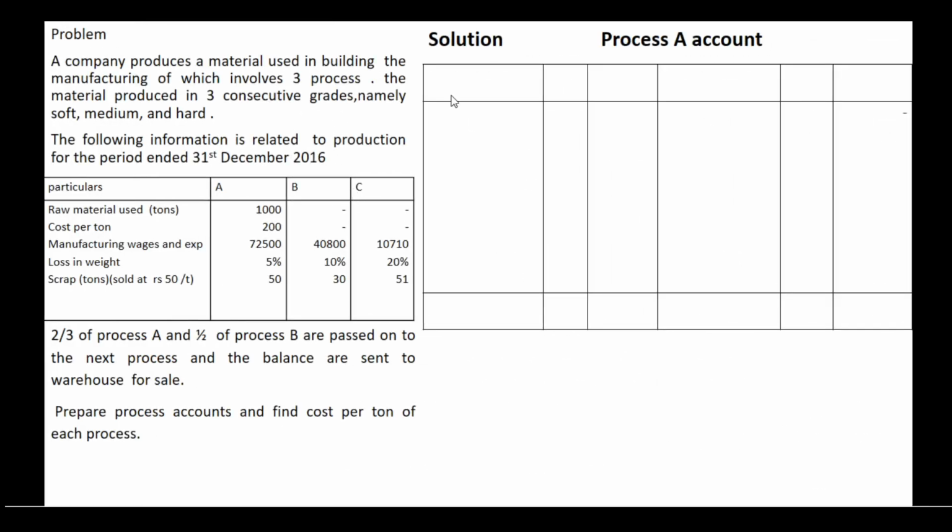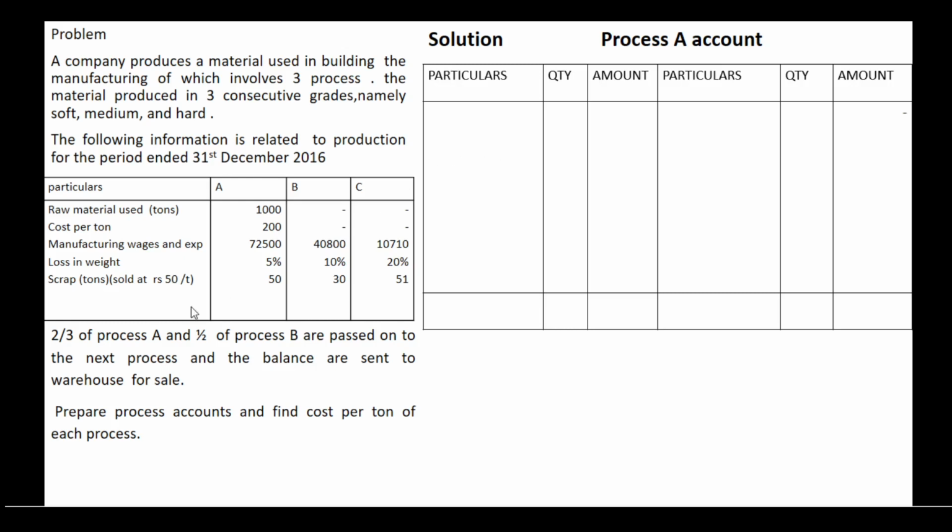Now the solution. First we take process A. So this is the format of the process account. Here first we enter particulars, quantity, amount, and again particulars, quantity, amount on the credit side. On the debit side, under the particulars, first we enter the expenses and the input units.